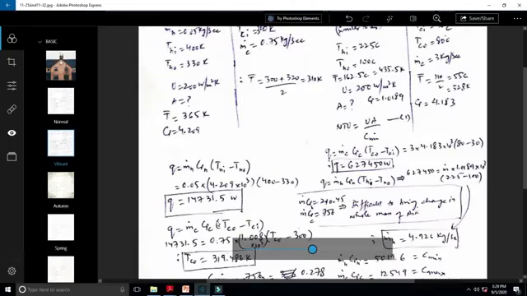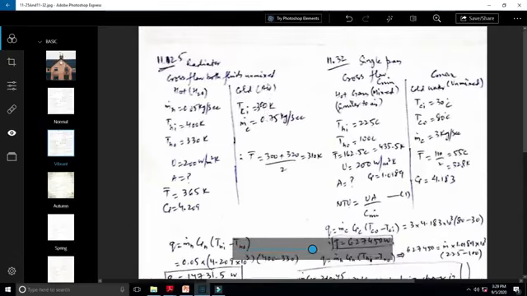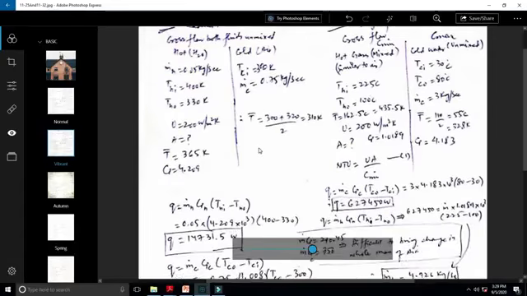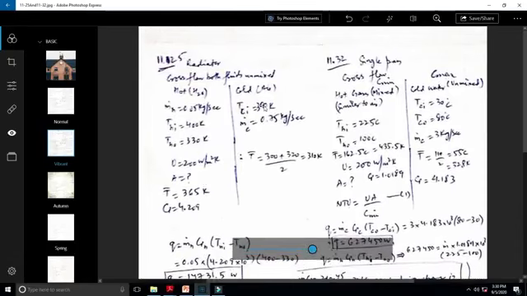Now we will apply the same expression on the cold side, on the cold fluid, which is air. But the thing is that we do not know the temperature of the cold air. So we will be finding the exit temperature of air, the cold fluid, from here. But the problem is that we need to find the specific heat of air at a certain average temperature.